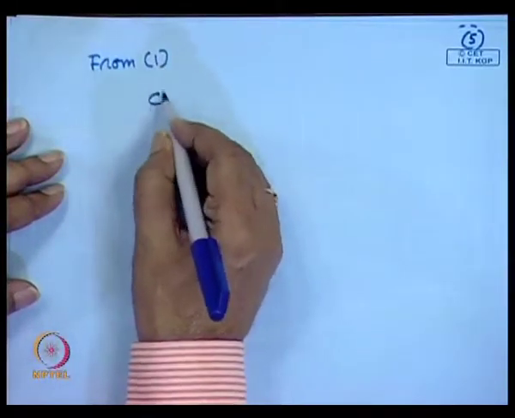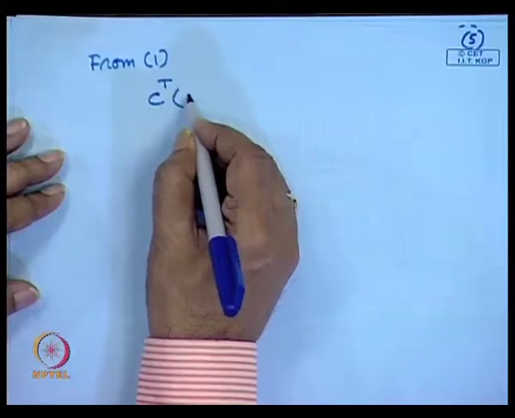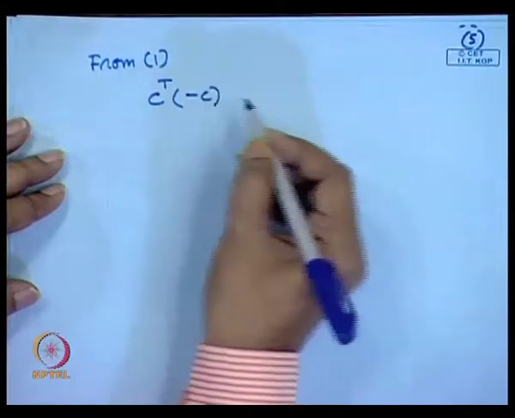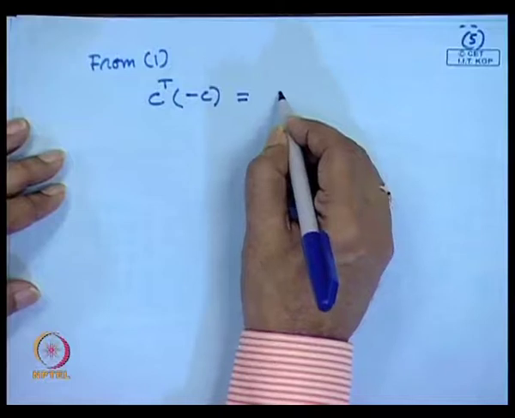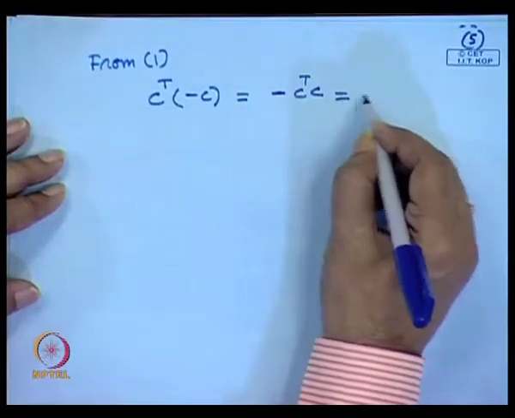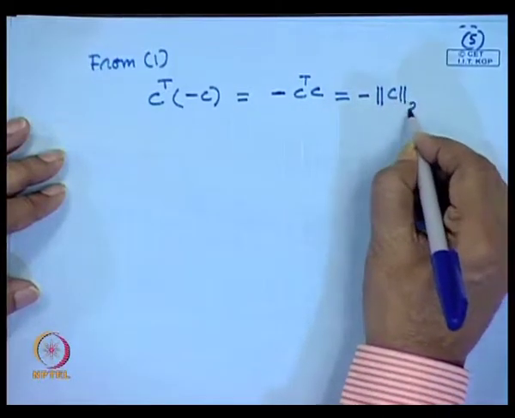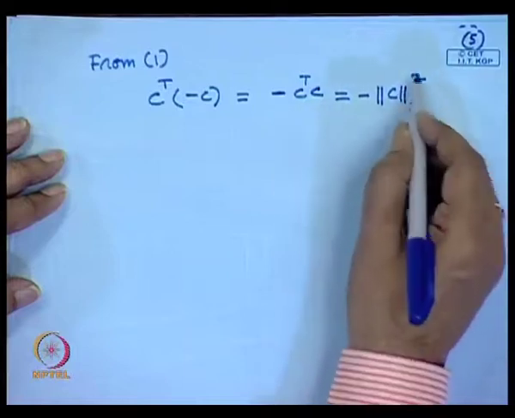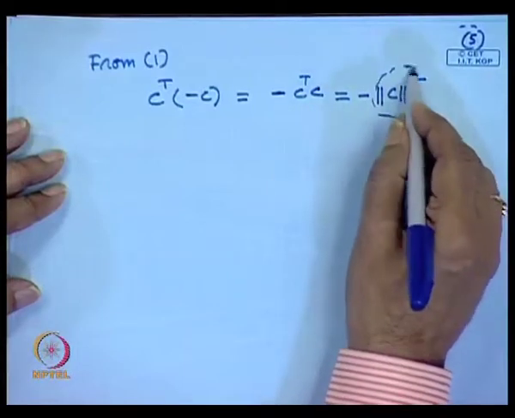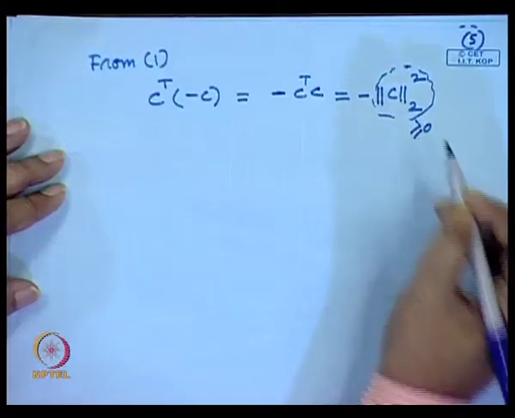We can write C transpose into d, which is minus c, is equal to minus C transpose c. This is nothing but the Euclidean norm of that C vector squared, and this quantity is always greater than or equal to 0.